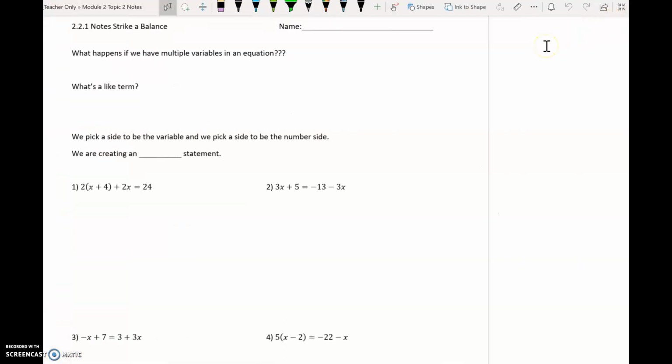Let's finally talk about what happens when we have multiple variables in an equation. Remember, like terms are terms that have the same letter or even no letter.